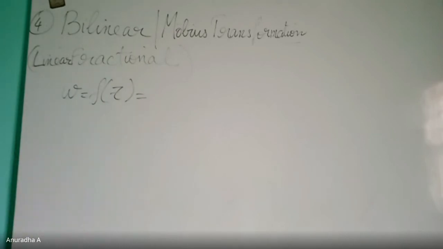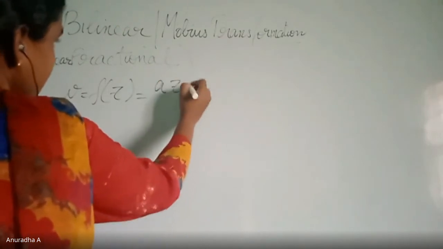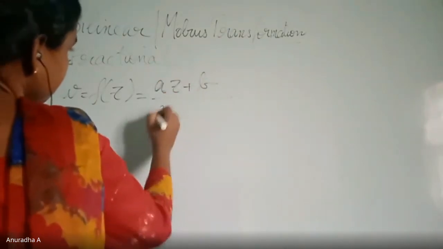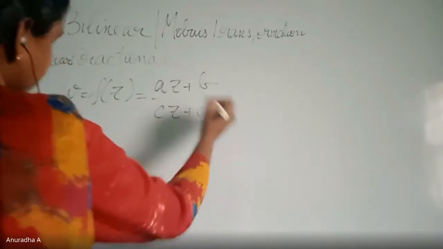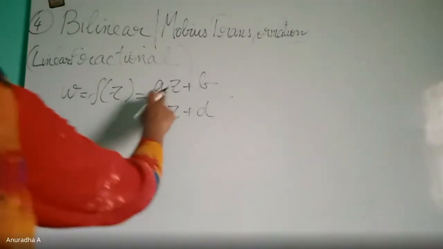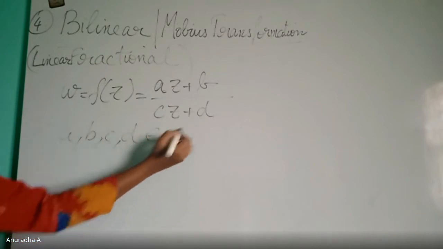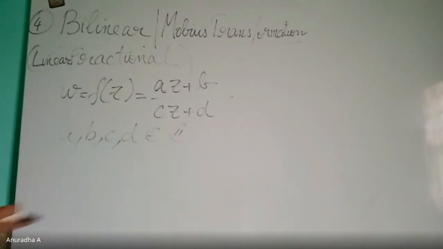We are going to write it as a fraction. In general, it is written as (Az plus B) by (Cz plus D), where all these A, B, C, D are complex numbers. This means complex numbers, okay, not century, complex numbers. So A, B, C, D are complex numbers.